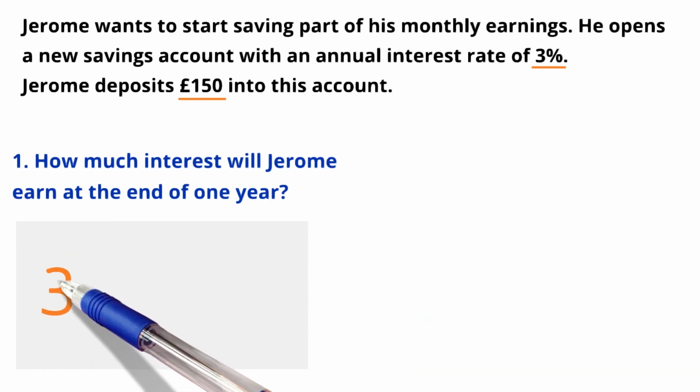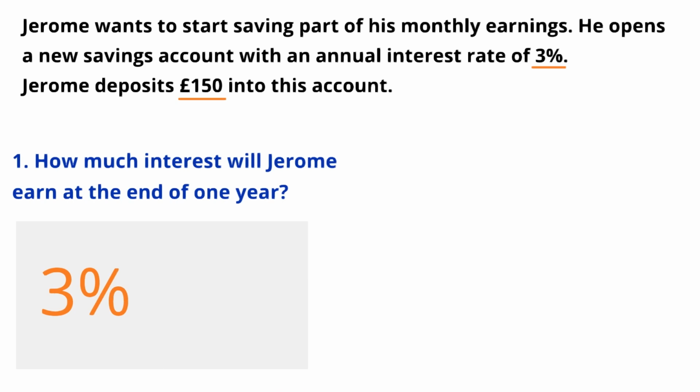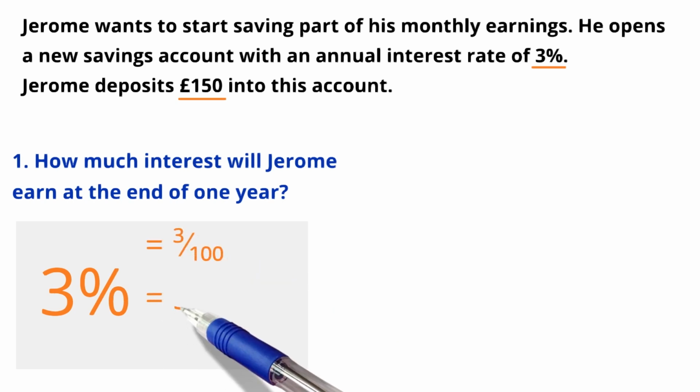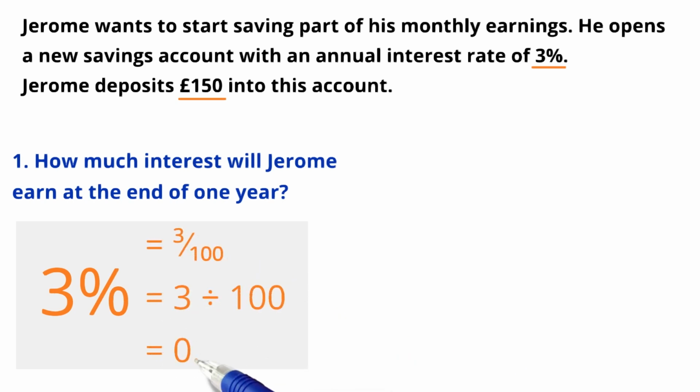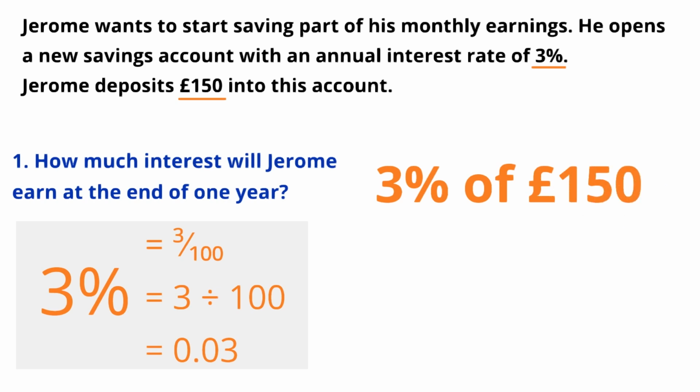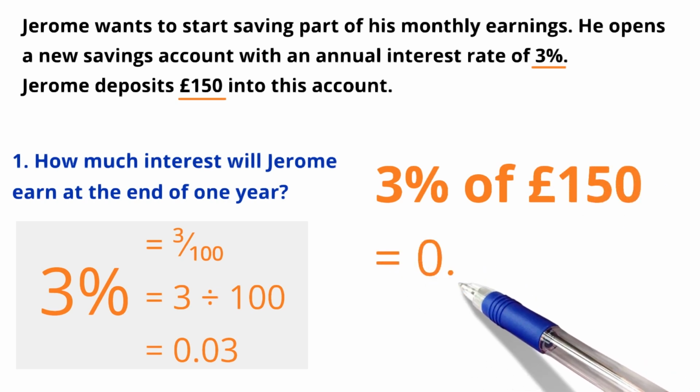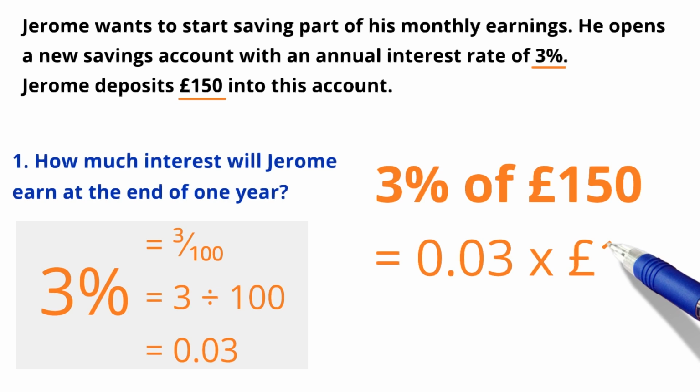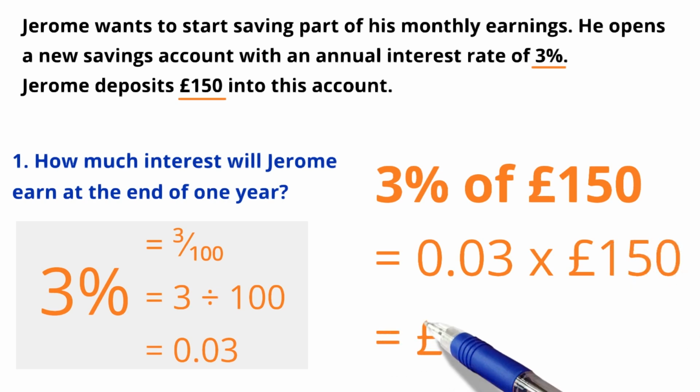Remember, 3% is the same as dividing 3 by 100, which gives us 0.03. Next, we multiply this decimal by Jerome's initial deposit to find the amount of interest he earns. So we do 0.03 multiplied by 150, which equals £4.50.